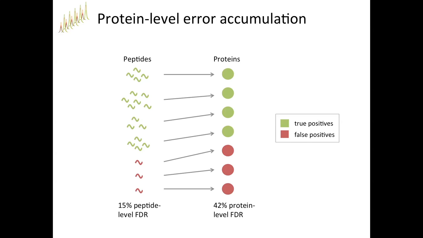Now, if we move to the protein level and aggregate our peptide identifications, we will see that true peptides tend to cluster together and they match to the same protein, while the false detections are by definition random, so you might end up with a lot of false positive proteins for your peptides. So when you then look at the FDR on the protein level, you actually end up at 42% FDR in this toy example.